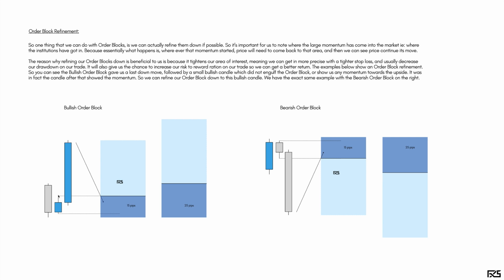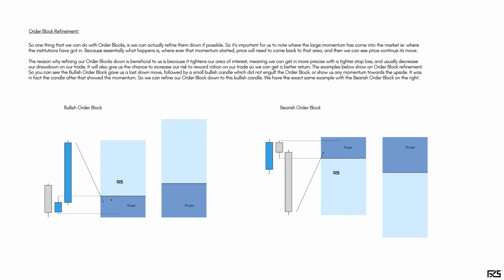So what we can do is take our order block, which is here. This is the last down move, but we can actually take this as our order block because it's the candle before that momentum came in. So the range on this candle is 15 pips, whereas if we had kept to this order block, this is what we're looking at, 25 pips.